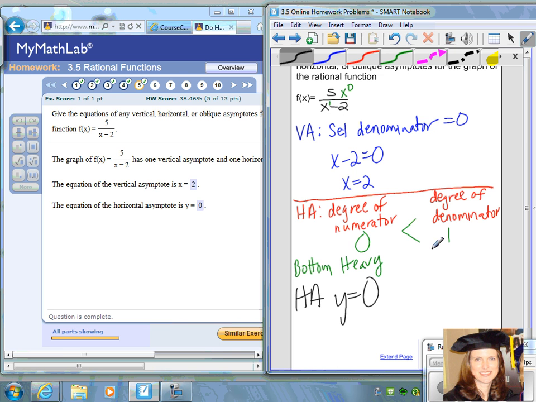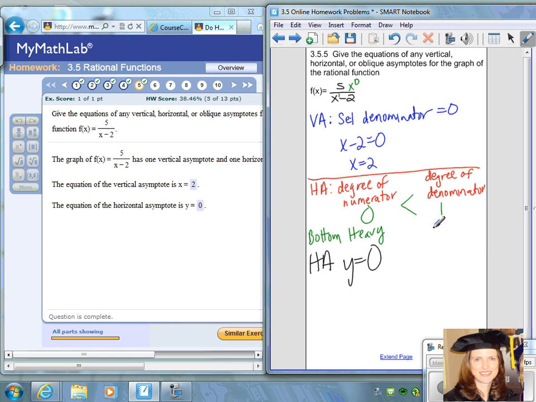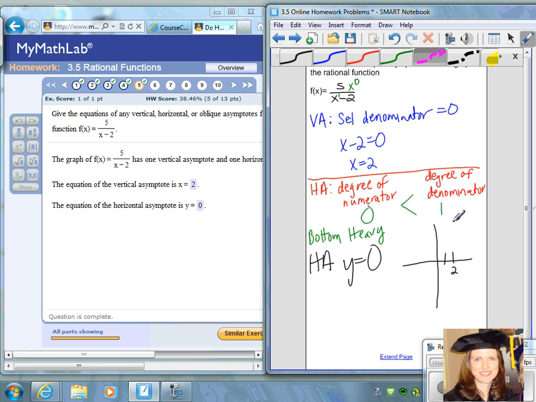If you use a piece of graph paper, you would draw a dotted vertical line at x equals 2 and a dotted horizontal line at 0. So you would have a vertical asymptote like this, a horizontal asymptote like this, and then you would plot a few points to determine the shape of the graph.